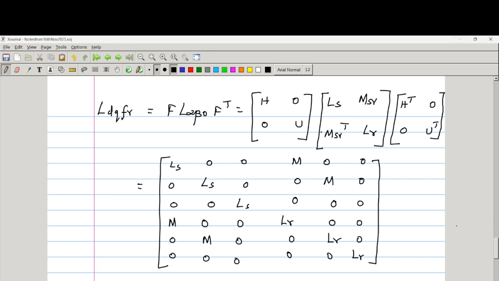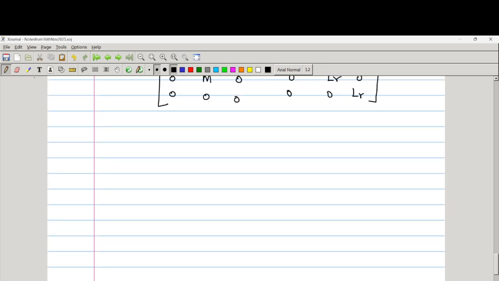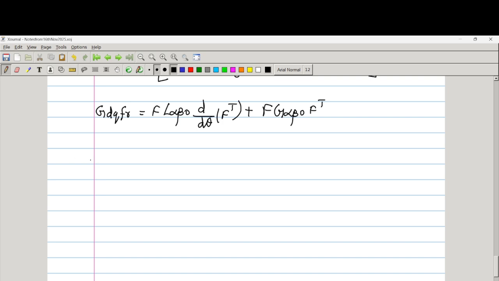Then we have to find out the third term. It is the speed EMF term. Already we know G dqfr is nothing but F L alpha beta naught into d by d theta of F transpose plus F G alpha beta naught into F transpose. So when we do this further, we can substitute all the values.